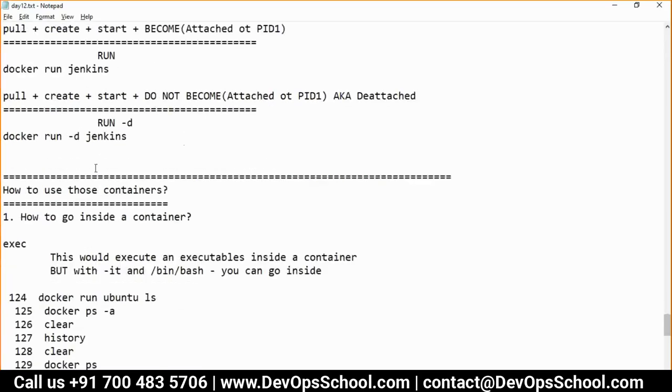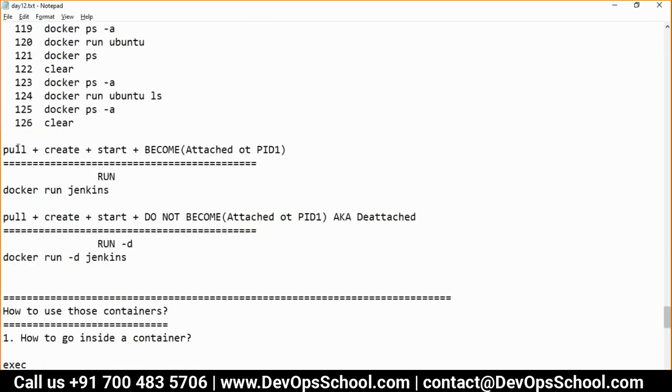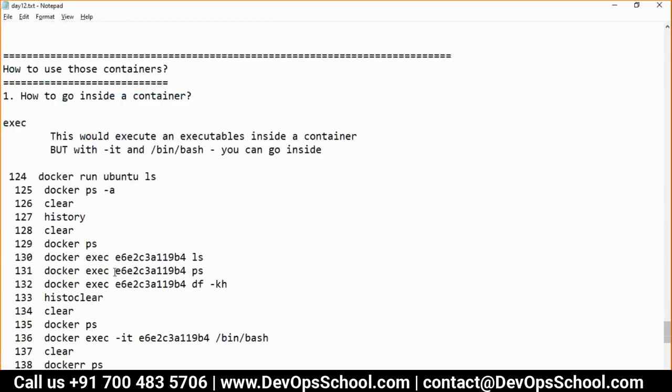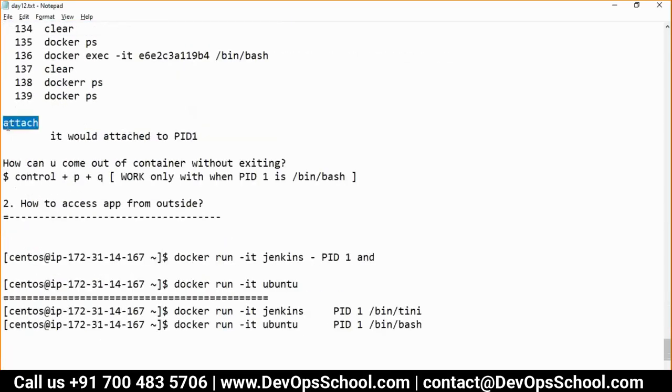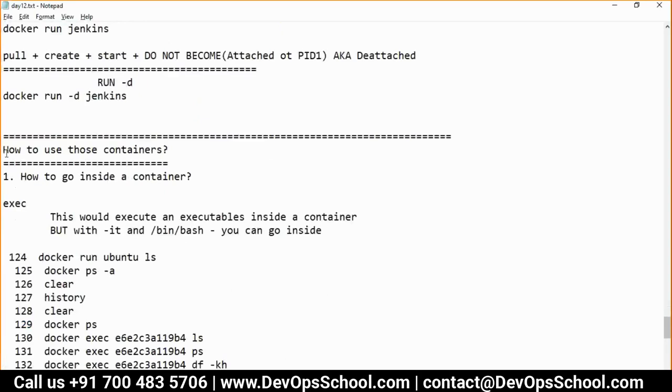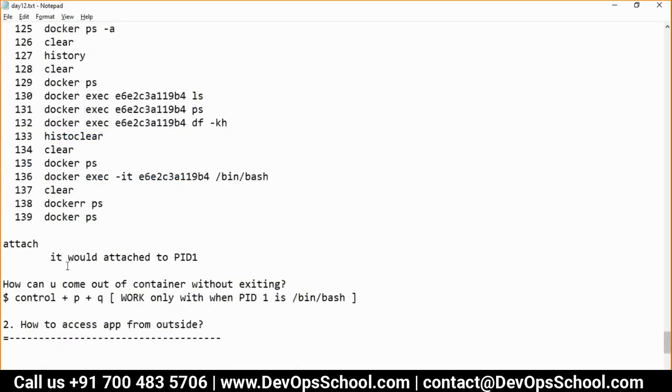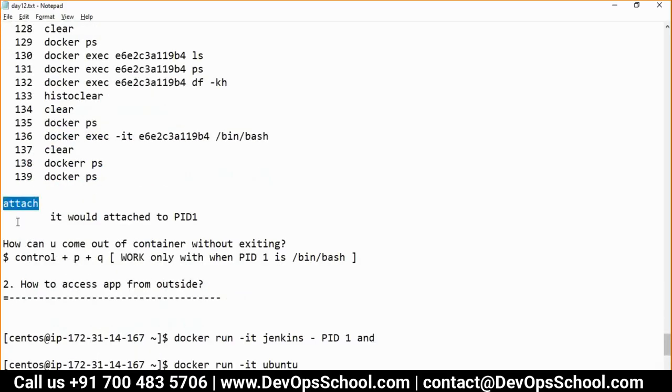Okay. So run has a behavior, if you remember. Please see that. Okay. When I say attach, see what question I asked, how to use a container. In that I asked the question how to go inside a container. In that I said, you can go inside a container using two ways: exec and attach.